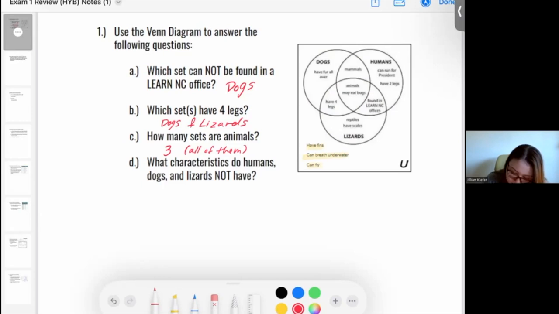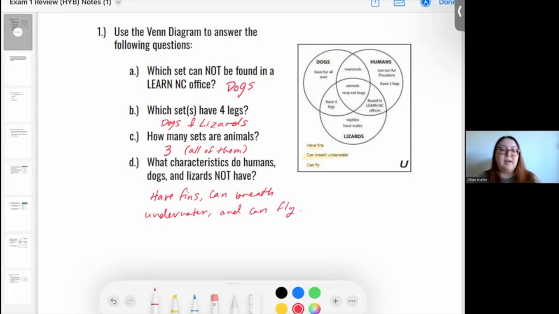So what characteristics do humans, dogs, and lizards not have? They do not have fins. Can breathe underwater. And can fly. We're asking what they don't have, so we don't want to write don't have fins, don't breathe underwater, don't fly, because we're already stating what they don't have.